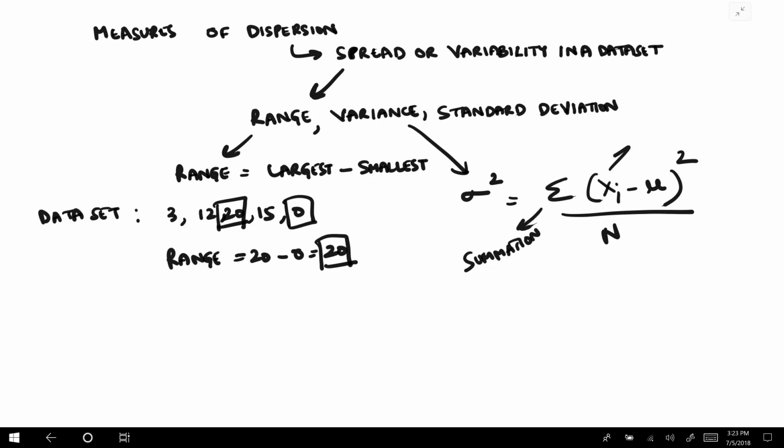This represents each data point. This is population mean, and this is population size.